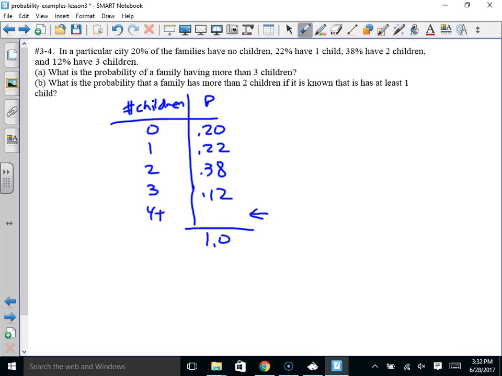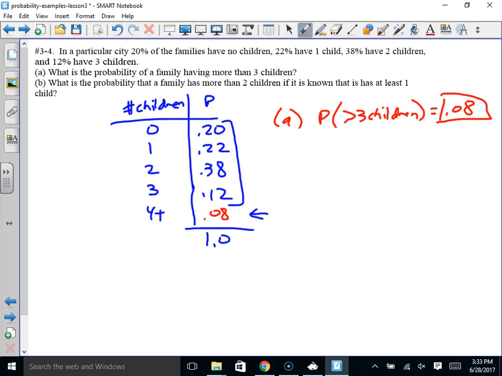So all I have to do is add these numbers up and subtract that from 1 to get what's left. And when you do that, you get 8%. So for part A, the probability of having more than three children is 0.08, just from adding up the other categories and subtracting that from 100%.